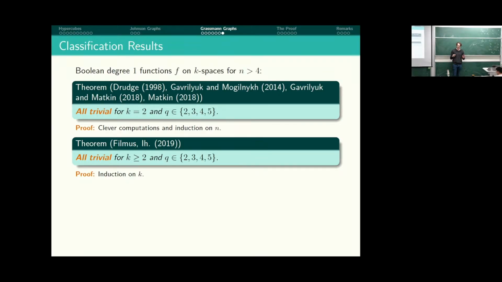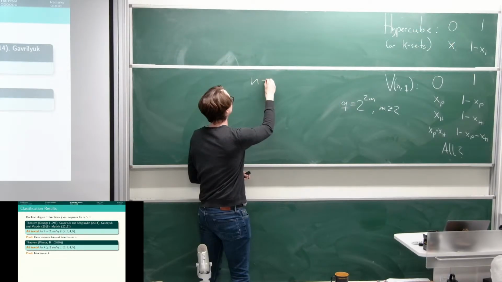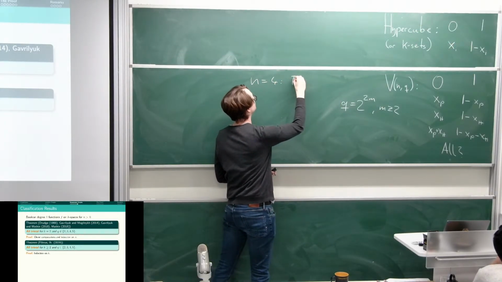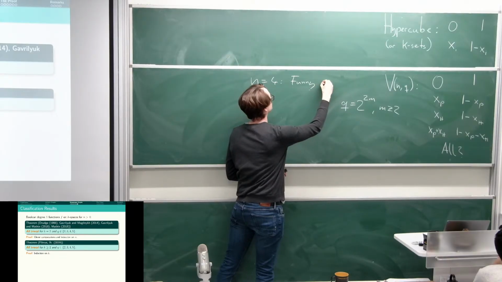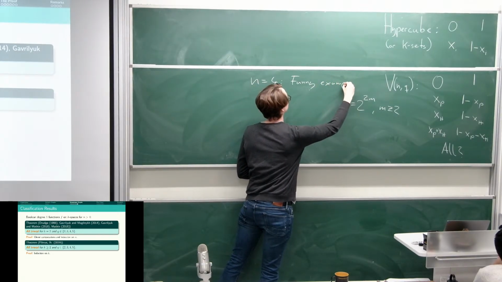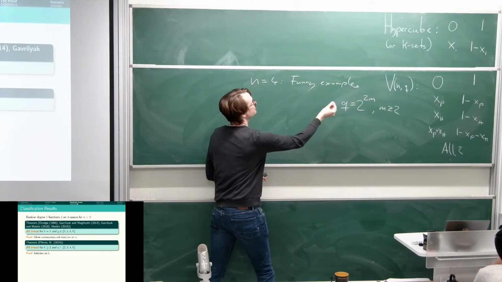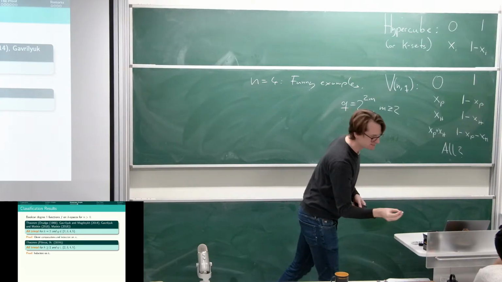The proofs go in the way that for n equals 4, you always get funny examples.